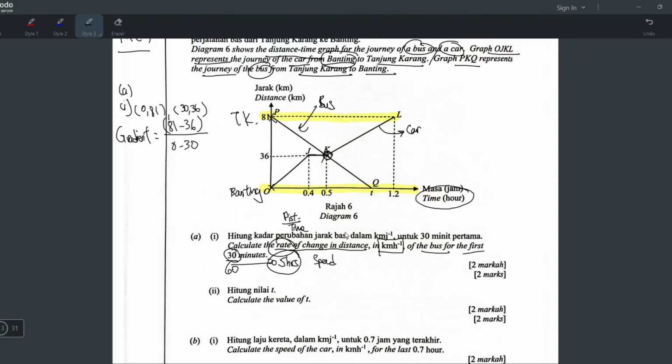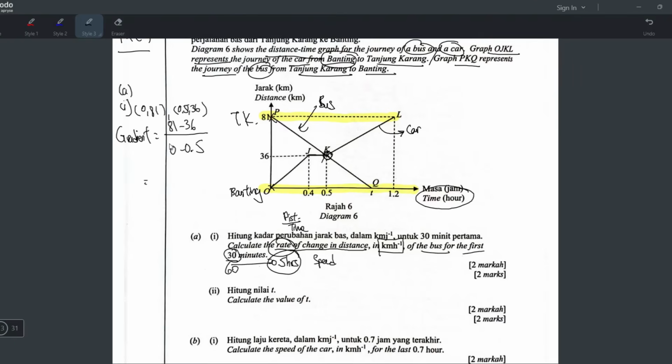That is why you have to write 0.5 here. Okay, so 81 minus 36 over 0 minus 0.5. So remember, during the exam, when you're doing this graph of motion question, check the unit. Check the unit. Yeah, sometimes students forget to check the unit. So I hope you remember to check the unit.